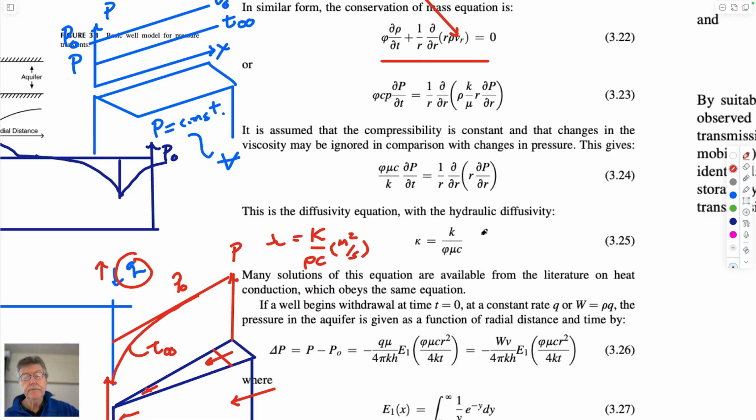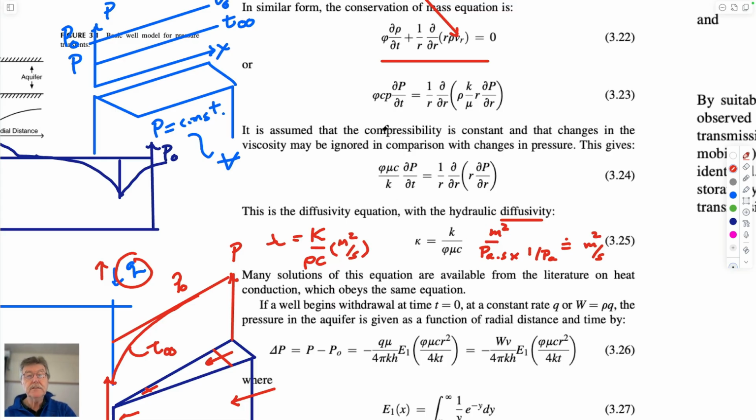This is permeability, meters squared, divided by porosity times viscosity, which is Pascal seconds, and multiplied by compressibility, C, which is 1 over pascals. And just by inspection, pascals, 1 over pascals, meters squared, and seconds is meters squared per second. So the fact that these are both diffusivities means that they're the same units. This is a thermal diffusivity. This is a hydraulic diffusivity.